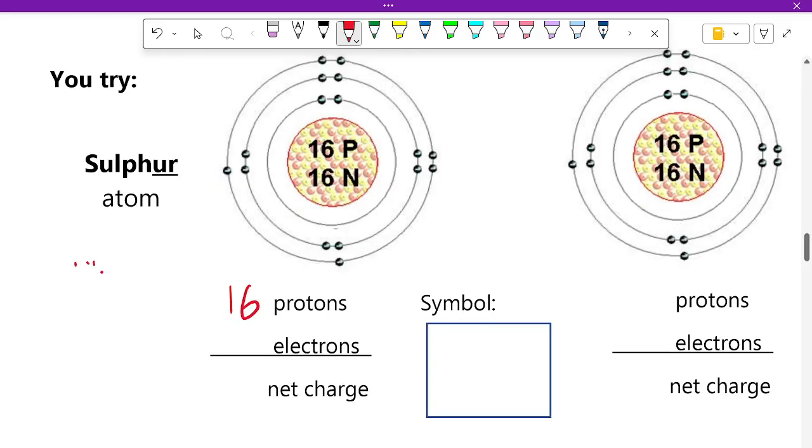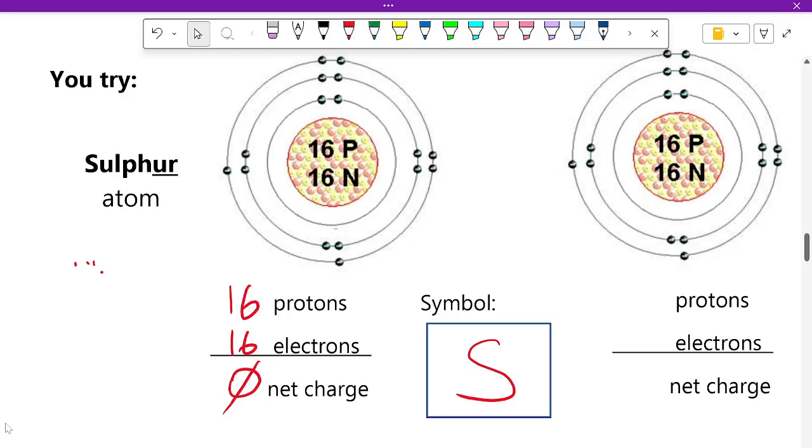How many electrons does it have? 16 electrons. What's its net charge? 0. What is the symbol for sulfur? Just S.